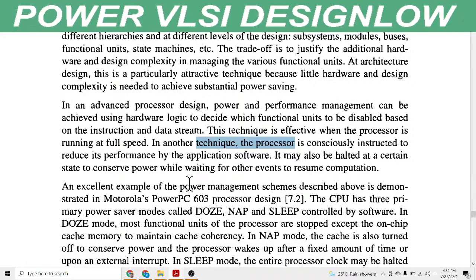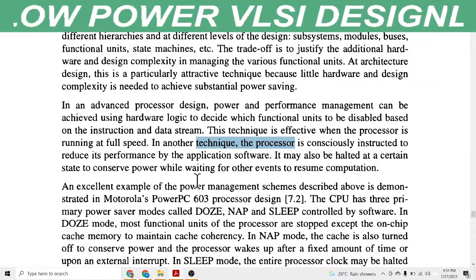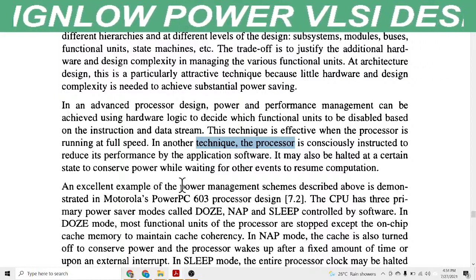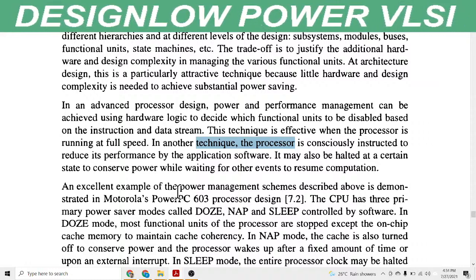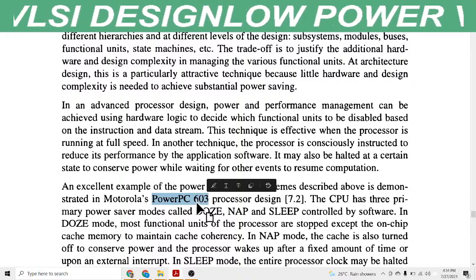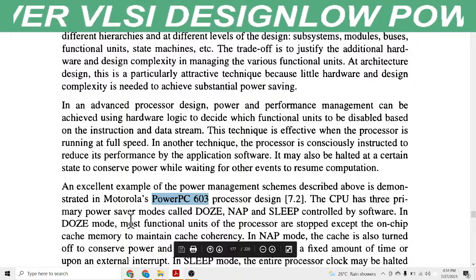Here one processor is given, in which a power management circuit is used. We are taking an example of Motorola. In Motorola, one processor is given, that is Power PC603. This is the name of the processor that is used in Motorola.